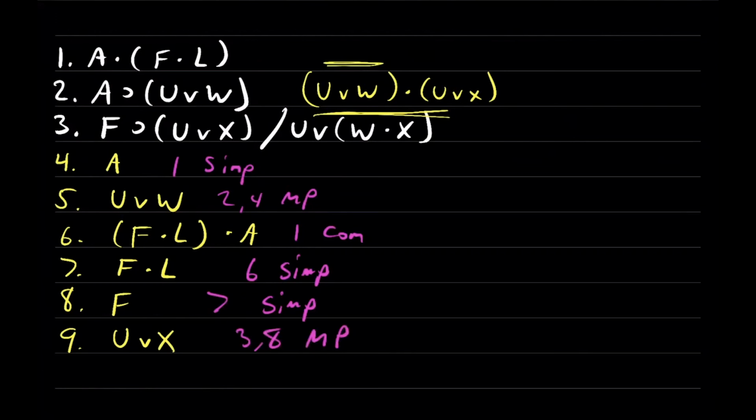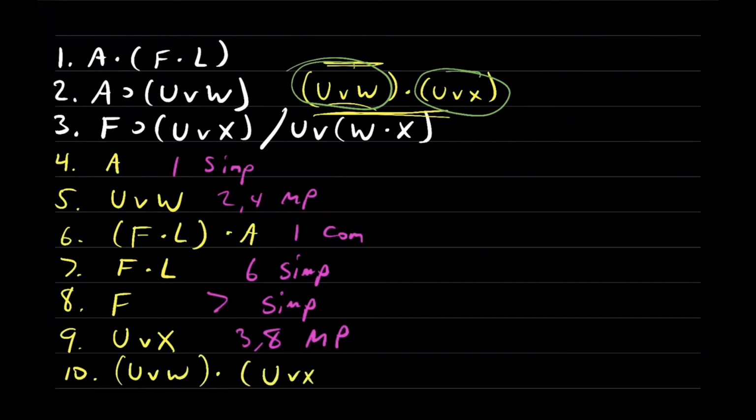Okay, we're almost done. We said that if we could get U or W on its own line, and we could get U or X on its own line, we could conjoin those together and then do distribution to get the conclusion. So let's do those steps right now. On line 10, we're going to conjoin U or W, which was on line 5, and U or X, which is on line 9.